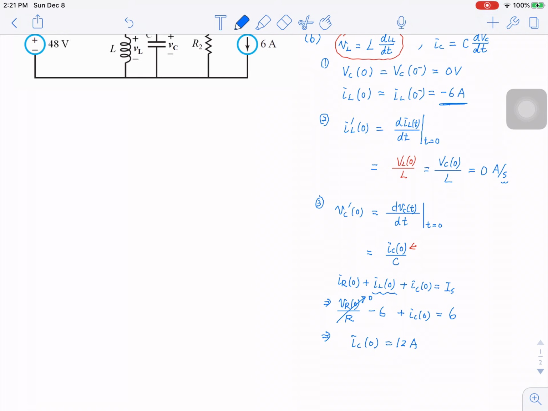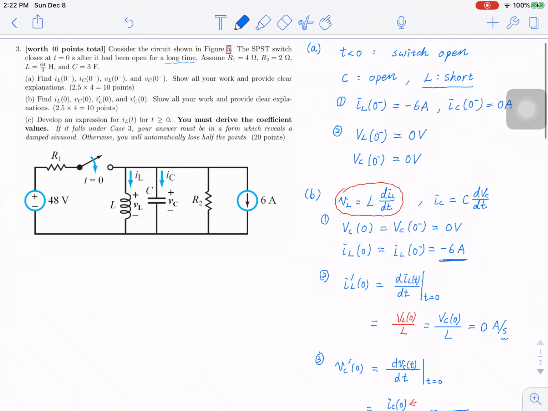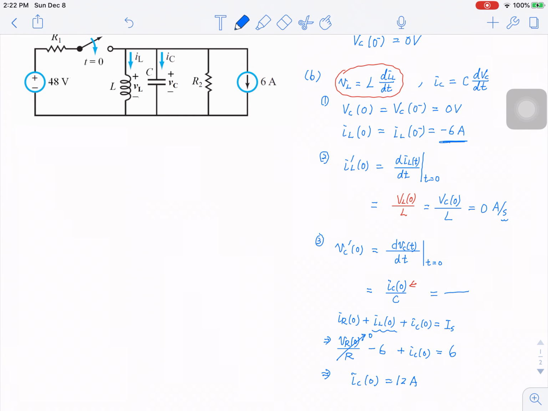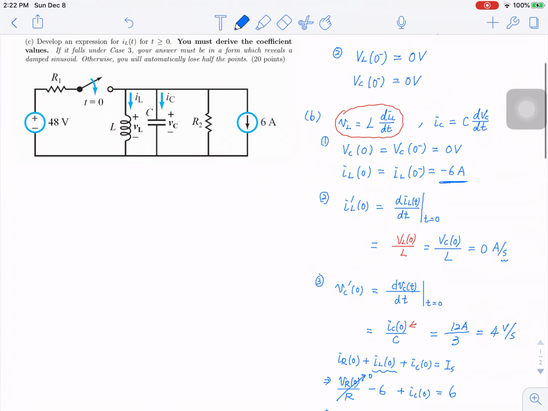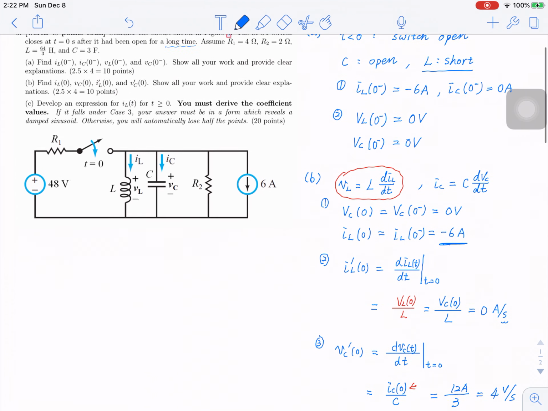So we know that VC prime(0) is equal to 12 ampere divided by 3, and this is equal to 4 volts per second. So now we find all answers here.